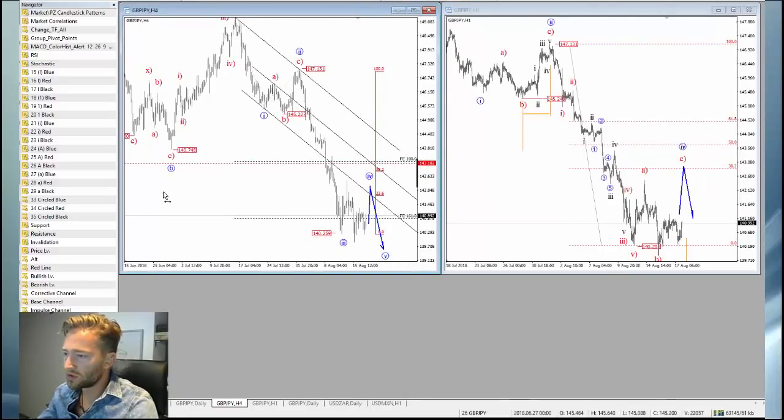So pound yen is also interesting, or Japanese yen in general, because I see cable in bearish mode. I see more weakness ahead there, and also what I see is that stocks keep pushing higher, the US stock market.